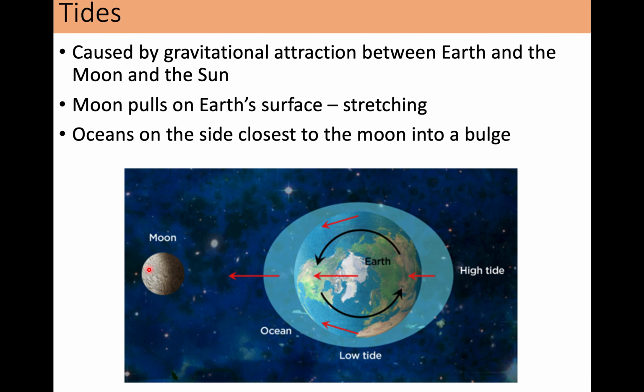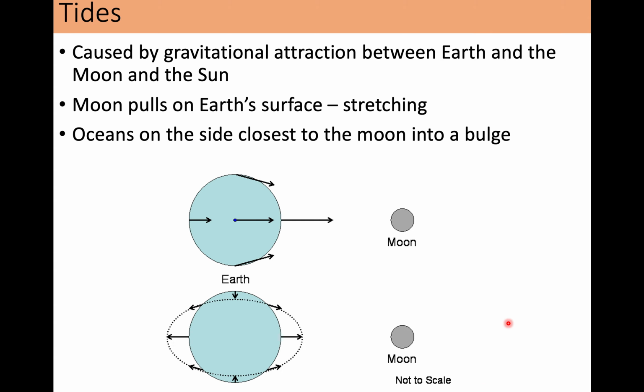So here's the moon, here's the Earth rotating. We're looking at the Earth from the top-down North Pole. And the oceans on Earth stretch into this bulge. So we get this bulging effect. So there's two bulges on either side of the Earth in alignment with the moon.